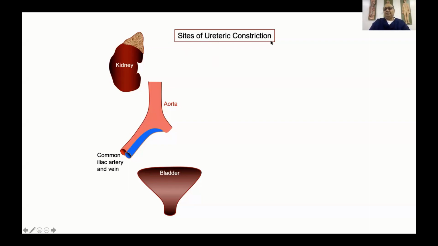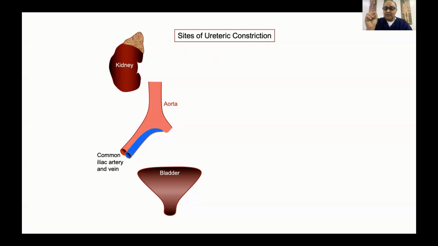I'm sure you remember some time back when you were learning about the esophagus, you were taught that the esophagus, on its pathway, is narrow at certain points. That is not a disease, that is not a problem. This is something natural. The same formula applies to the ureter as well, because it's a long fibromuscular tube, and on its pathway there are certain places where it becomes narrow.